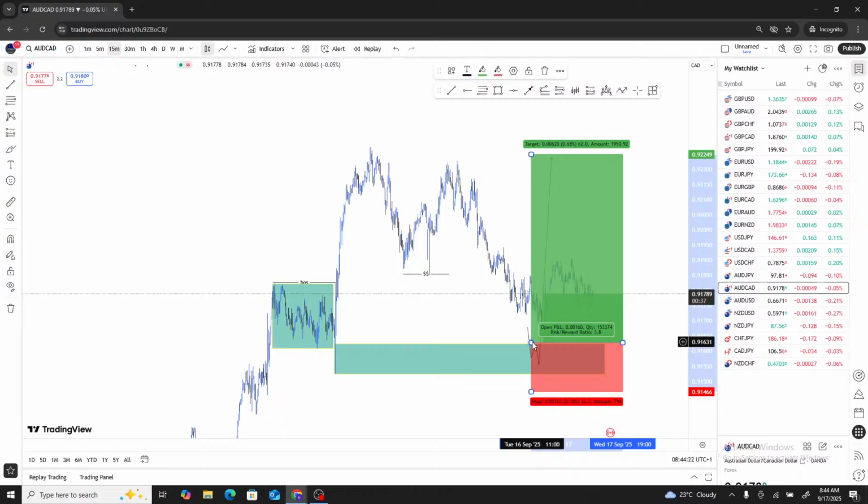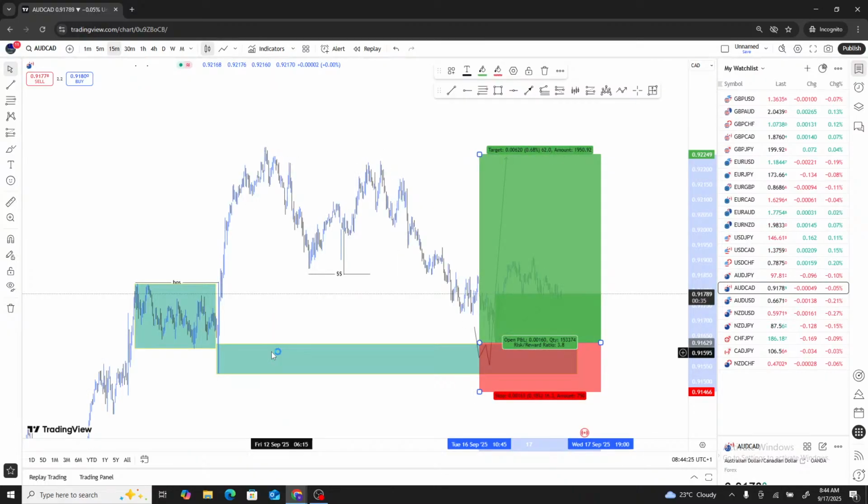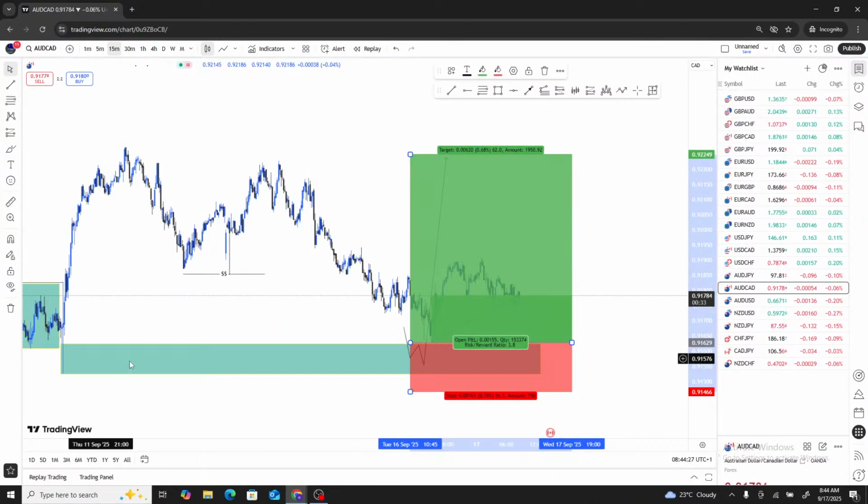Price tapped into this other block, this hidden other block. Immediately price tapped into it, it started moving up. That was around 3 p.m. yesterday, Nigerian time.